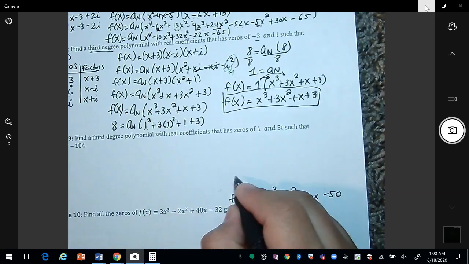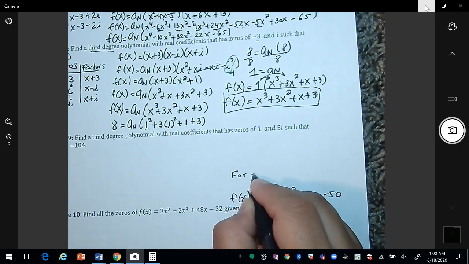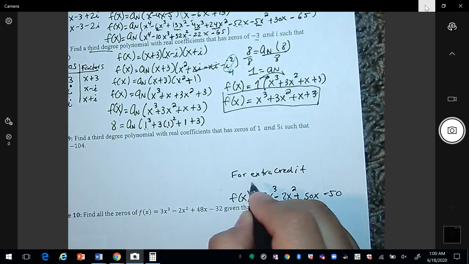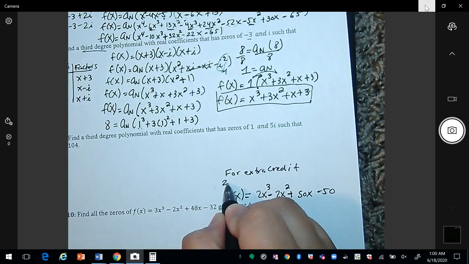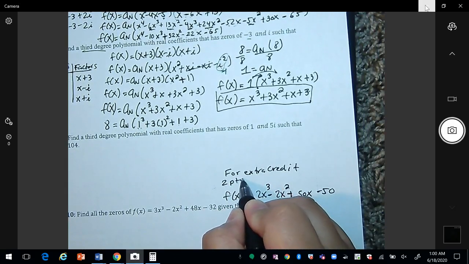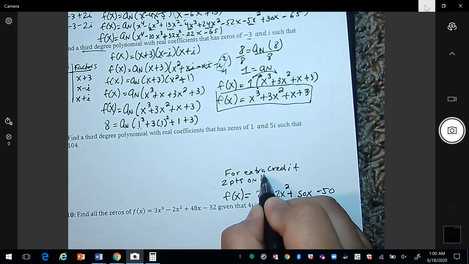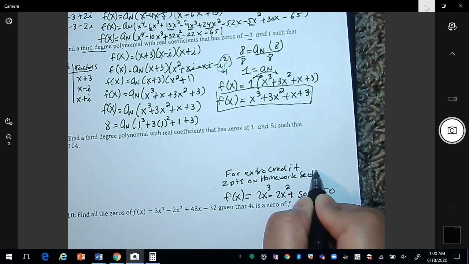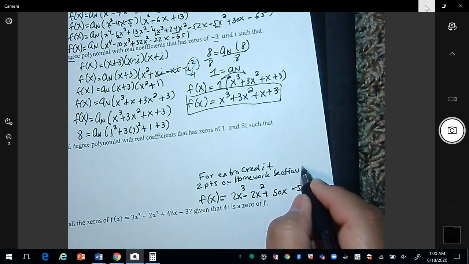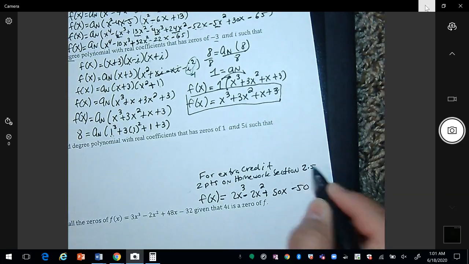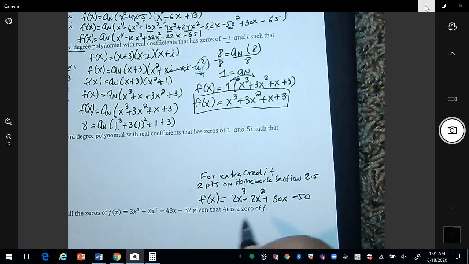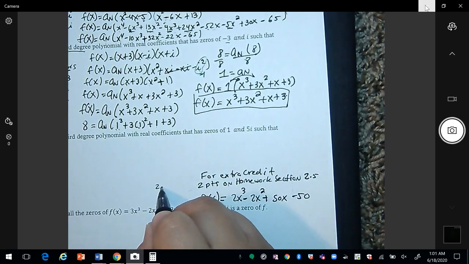Okay, so if you would like to try this for extra credit, I'm going to give you 2 points on homework section 2.5 and 2 points on the quiz.